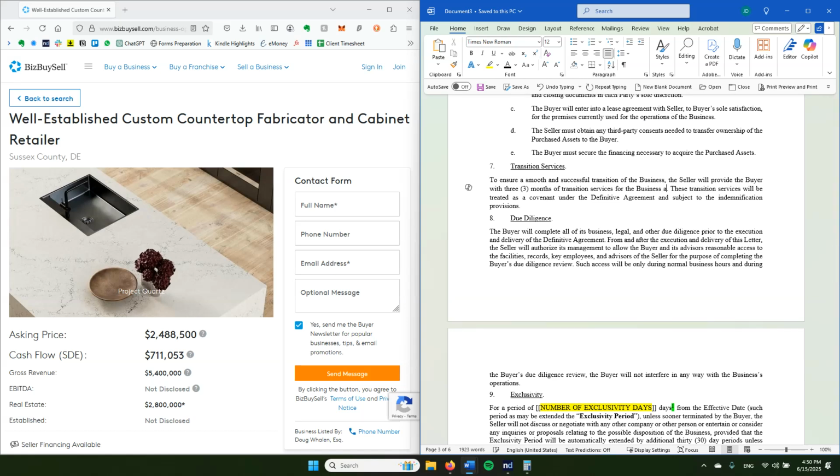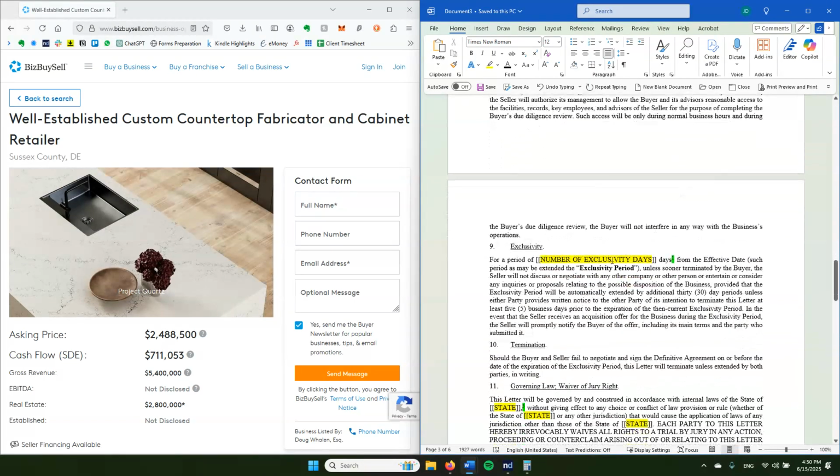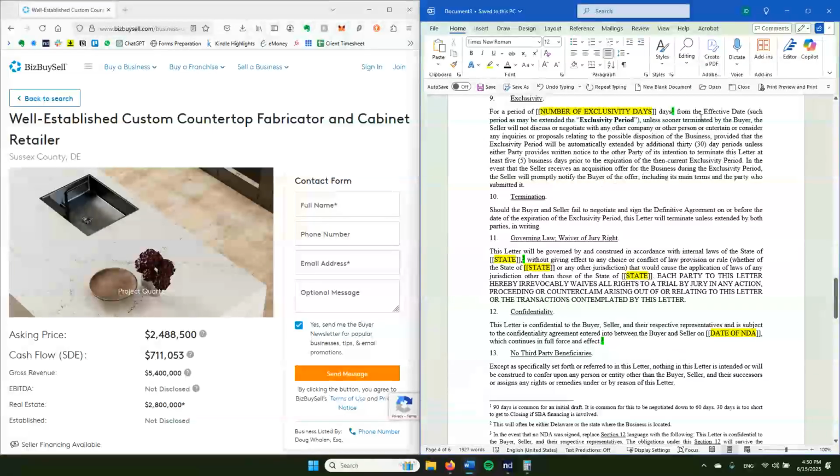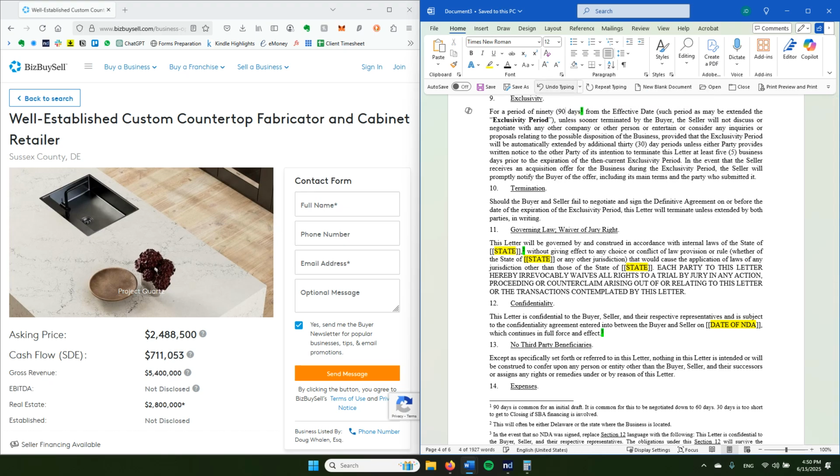And then we'll add a note, for no additional compensation, because we want to be clear if we're going to pay extra or not. Okay, so we've got another footnote here. It says 90 days is common for initial draft, so that's what I'll do. And that's that footnote.